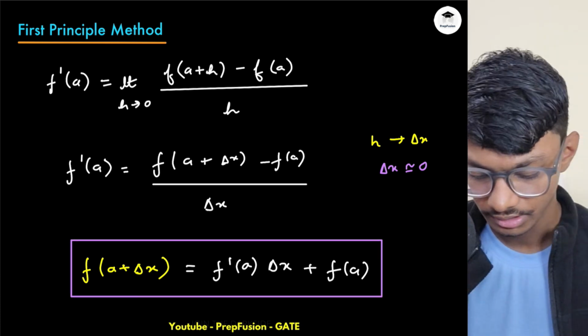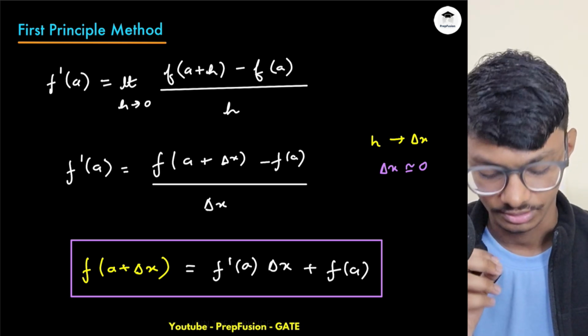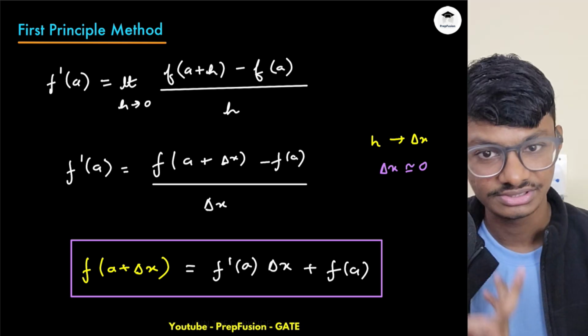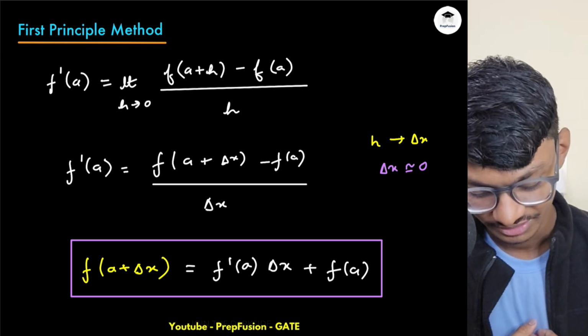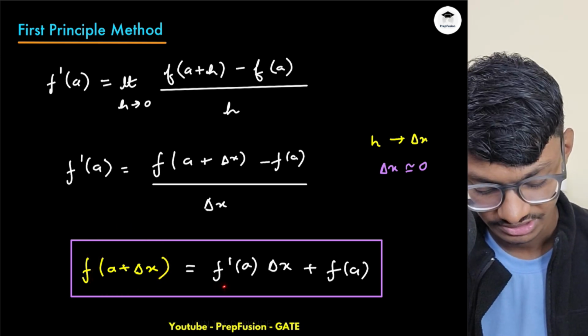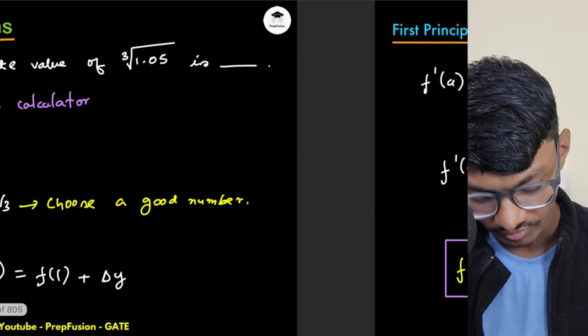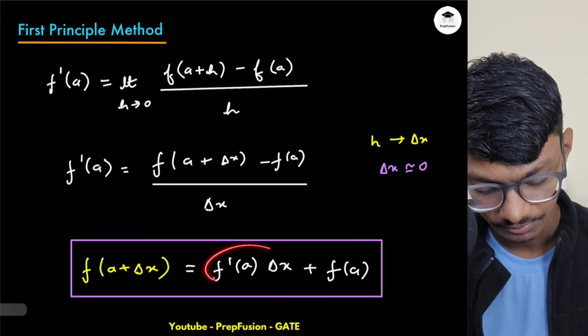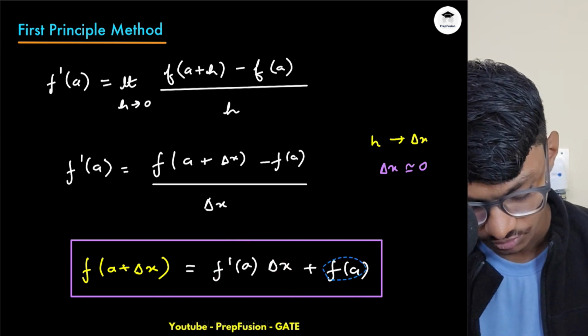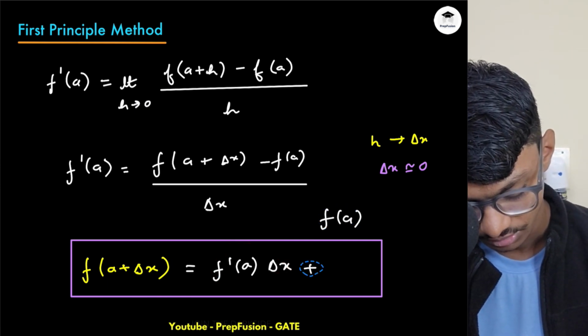So here, what is the important point over here? The important point is that you will say this is a hack, right? What are you doing? You just simply find f of a plus delta x with this formula. Same thing is over here. This is the f of a. F of a is this, right? This f of 1 and plus delta y. So I will just swap these two to further replicate this form.